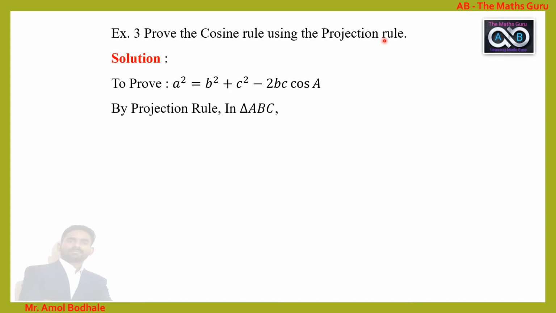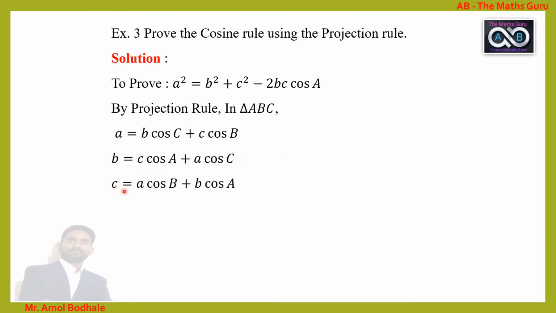As we know, the projection rule is a equals b cos C plus c cos B, b equals c cos A plus a cos C, c equals a cos B plus b cos A. So using all these terms, we have to prove this.